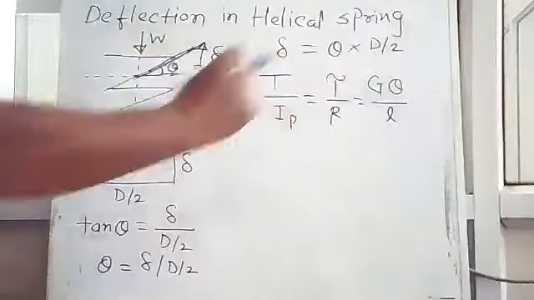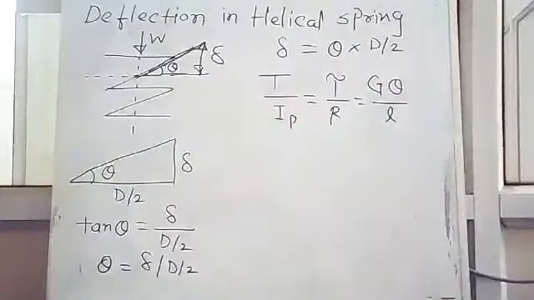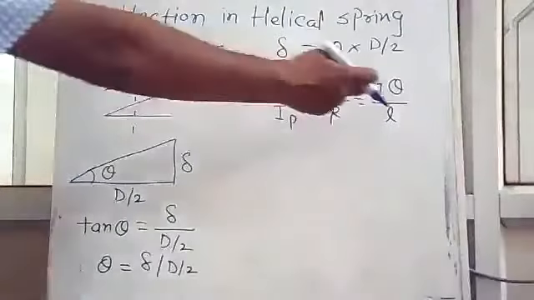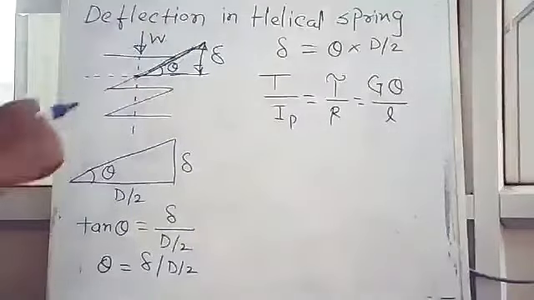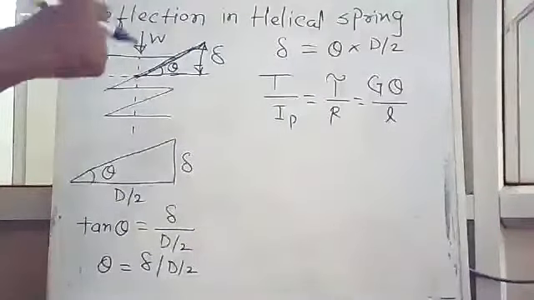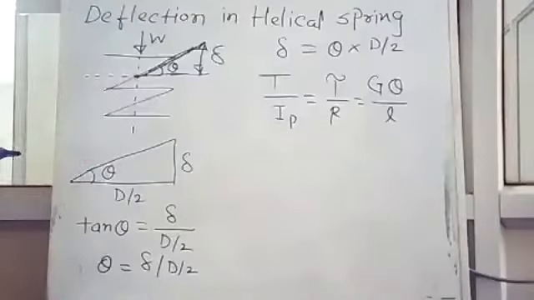In this there is a theta, so that also angle of twist, and this angle of twist is similar to the angle of twist of this wire, because here in the spring the wire is get twisted with theta angle.